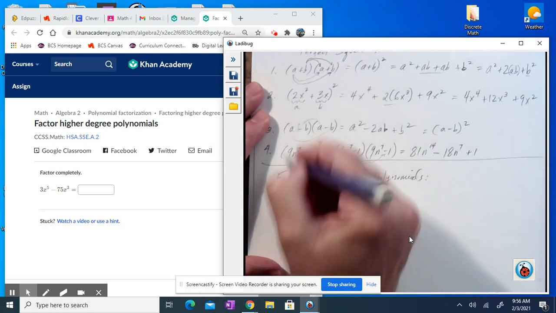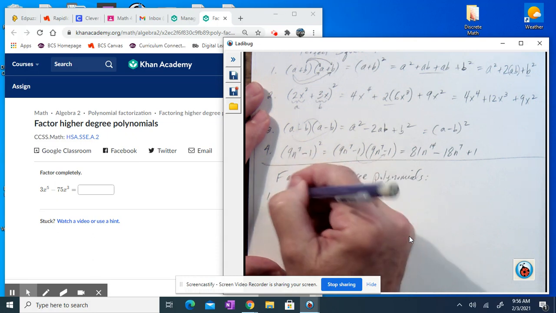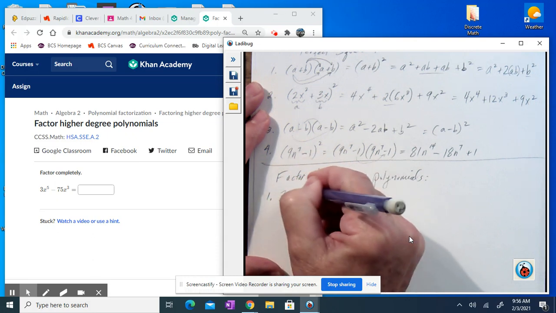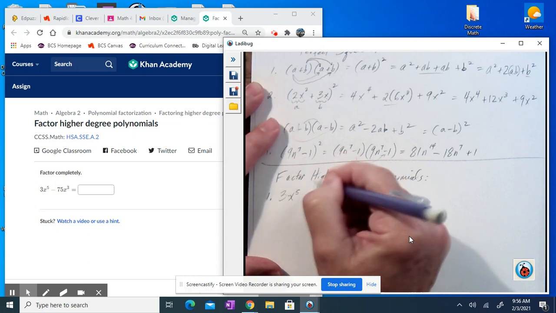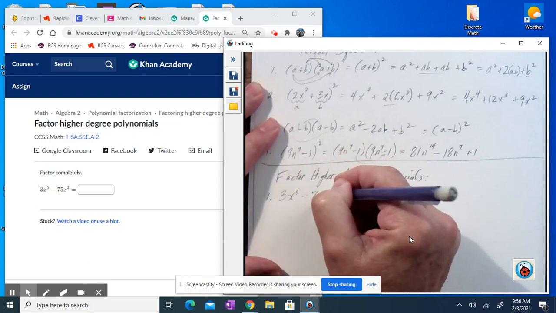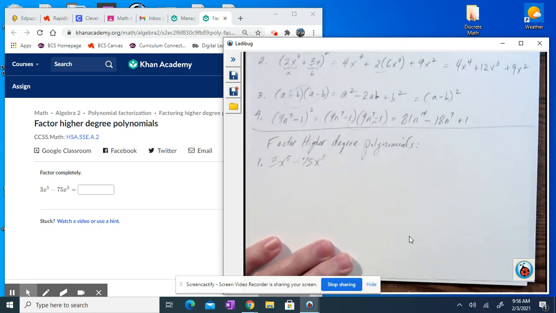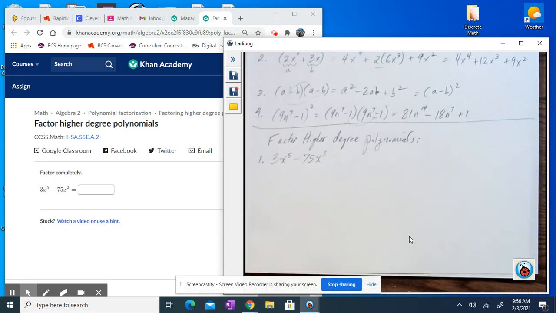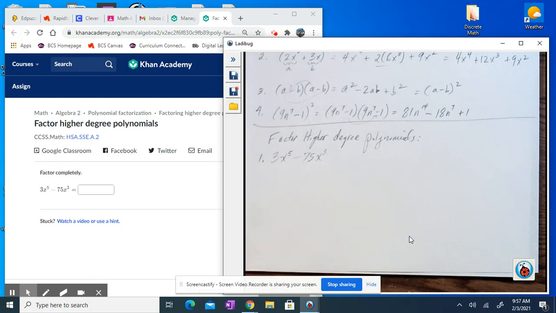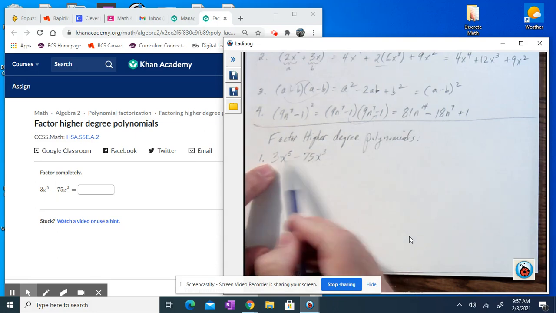Okay, so number 1, we got 3x to the 5th minus 75x to the third. When you're trying to factor a polynomial, there's kind of a strategy to approaching it. The first thing you want to look at is, do these two terms have anything in common?